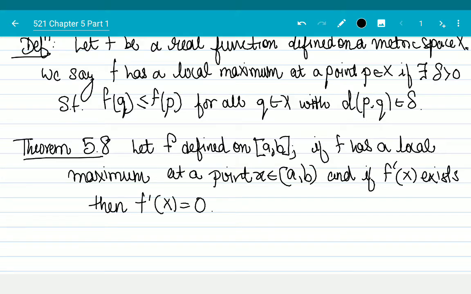So the derivative at a minimum or a maximum, if it exists, is 0. Proof?